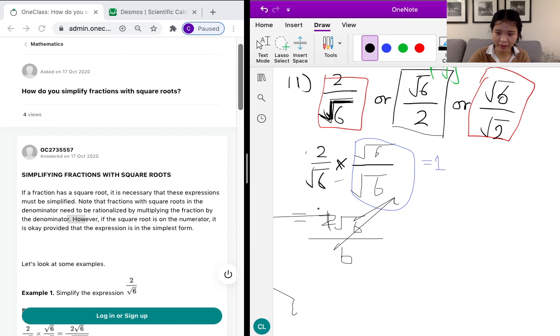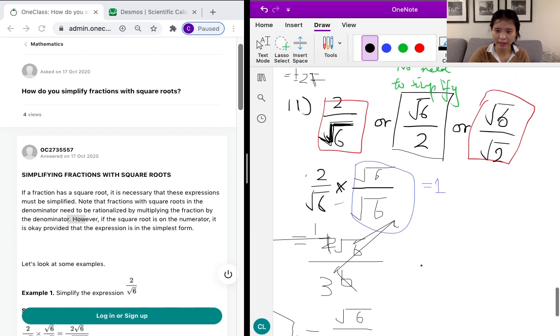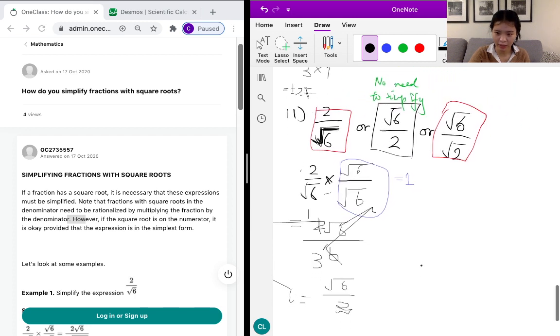And we can further simplify it because we have 2 on the top. So we divide by 2, which is 1. And we have 6 on the bottom, and 2 is a common factor of 2 and 6, so we can divide 6 by 2 as well. So we have 3. The final result is root 6 over 3. And that's our simplification. Now we can see that our fraction has the form where the numerator is a radical and the denominator is no longer a radical.